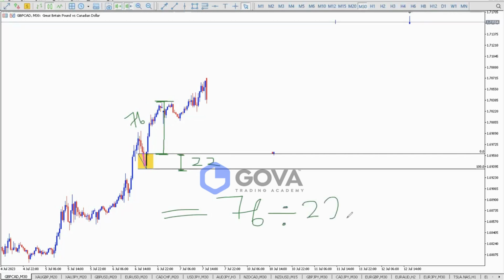Use your calculator, guys. 76 divided by 22 on the calculator, you can see this is about 1:3. Always use your calculator, okay? Don't use your heart or something.